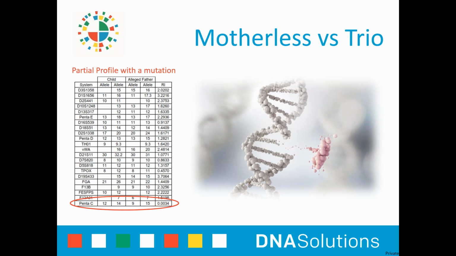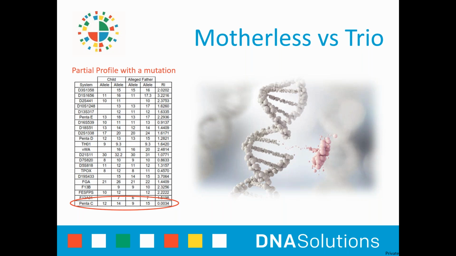But I want to show you the same test with a mutation at Penta C and 2 markers missing. That's not an uncommon occurrence. You get a sample with slightly less DNA and we drop a couple of markers, or it was from an ME sample and they don't always amplify as well, and then we have a single mutation.